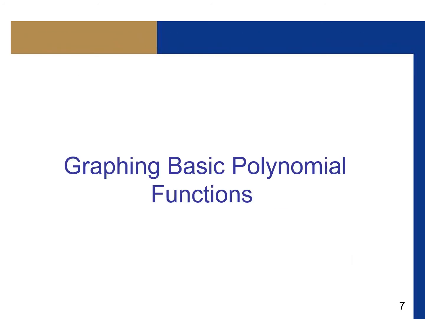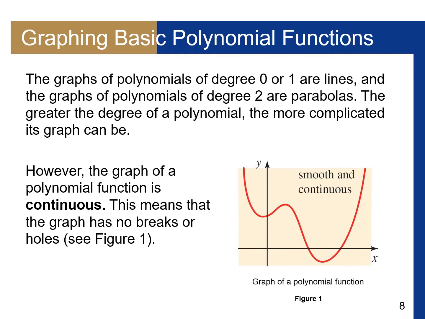Going to look at graphing some basic polynomial functions. If it's a polynomial, one of the things that you could say about it is that it is a continuous function. So just like before when we talked about the domain, the domain is all real numbers.